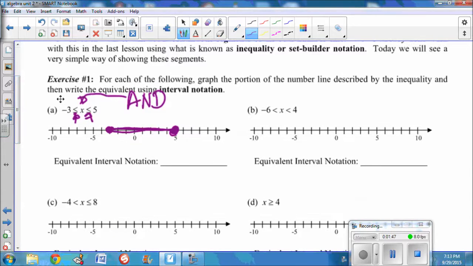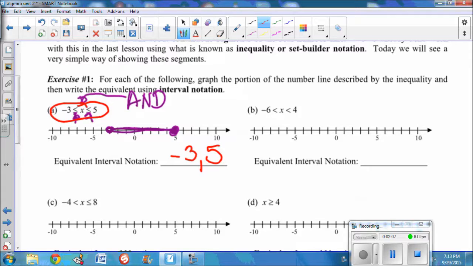So now it says equivalent interval notation. So I want to write this using different notation. When we've got the number line, we read from left to right. So where is our starting point? Our starting point is at -3. And where is our ending point? It's at 5.